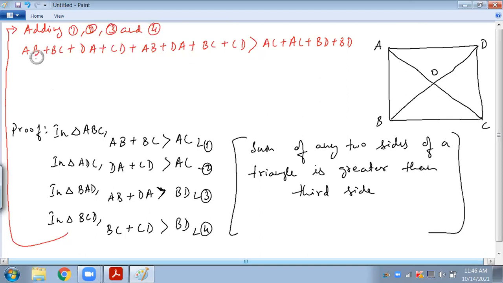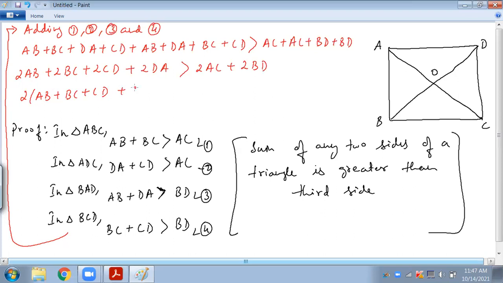Now, on the left hand side, we have 2AB, 2BC, 2DA, and 2CD. So we can write 2AB plus 2BC plus 2CD plus 2DA greater than, on the right hand side, 2AC plus 2BD. In the next step, we can take 2 common on the left side, and whatever is left we write inside a bracket. Again, on the right hand side also we have 2 in both, so take 2 common and write whatever is left inside a bracket.